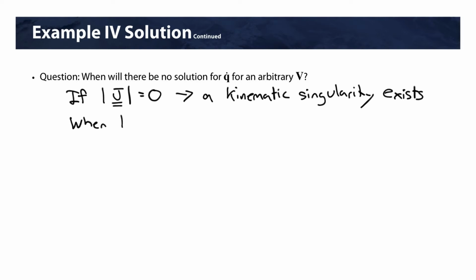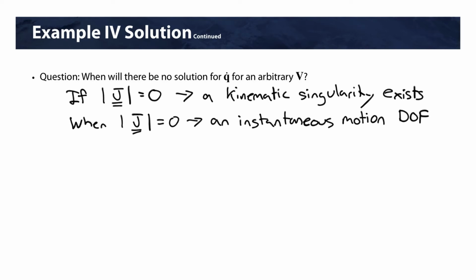And what happens when our Jacobian determinant is equal to 0, we lose instantaneous motion degree of freedom. DOF means degree of freedom, will be lost. So in other words, there could be a direction we can no longer move in instantaneously in this singular configuration.